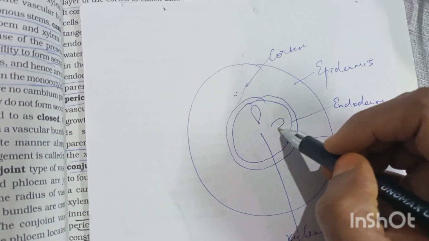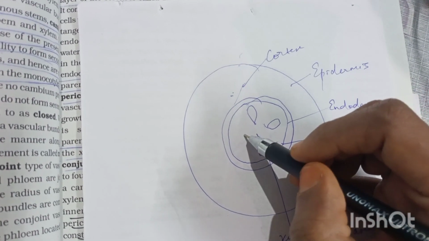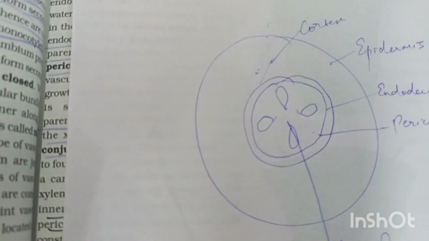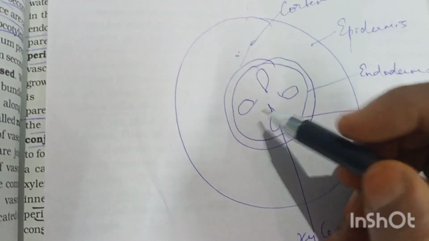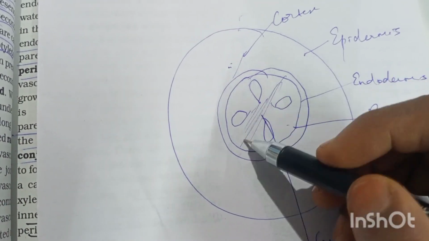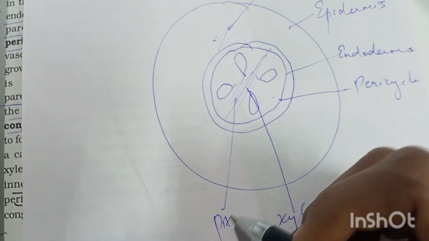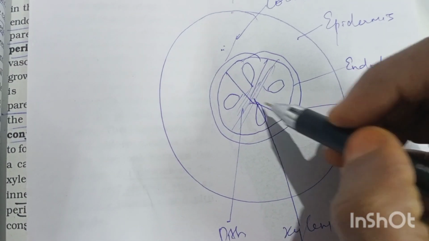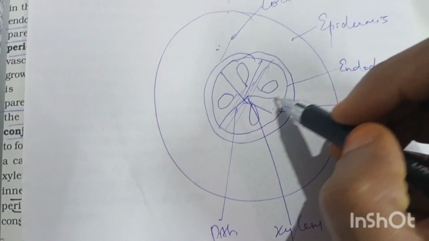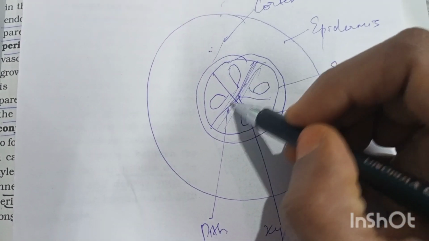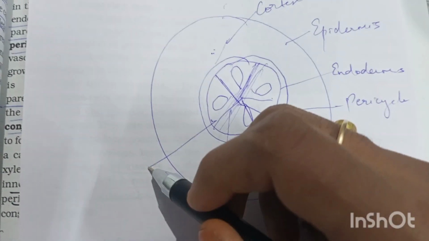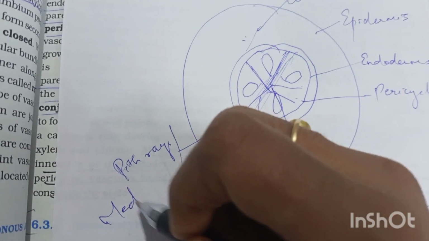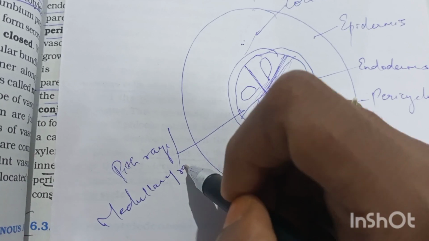So let me draw like this. So these are vascular bundles. How the phloem and xylem will be present, I will discuss. Now you be clear, this is the vascular tissue. So in the center there will be pith, and in the pith there will be ray-like structures, a series of parenchyma cells arranged in the form of a ray, and these are known as pith rays or medullary rays.